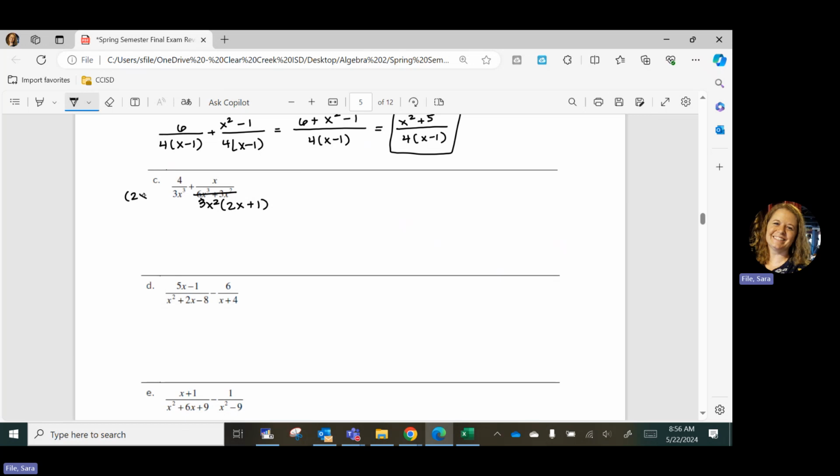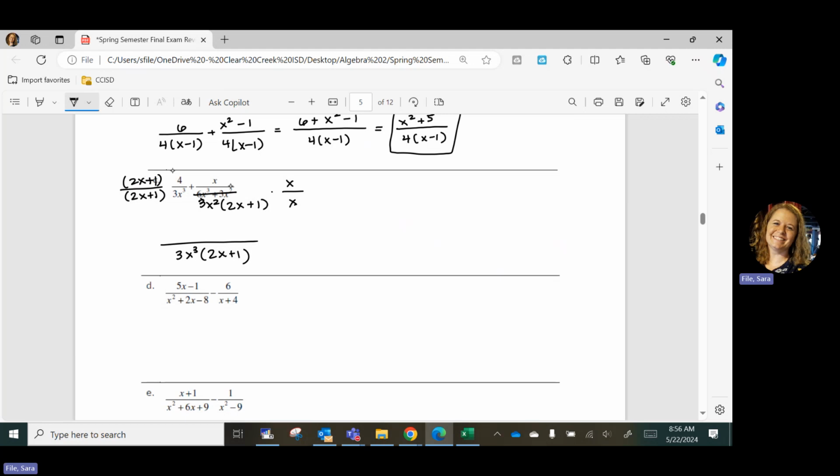So this side has to get multiplied by 2x plus 1. And on this side, that's x cubed, this one's only x squared, so I need one more x multiplied. So that's going to give me my common denominator of 3x cubed times 2x plus 1.